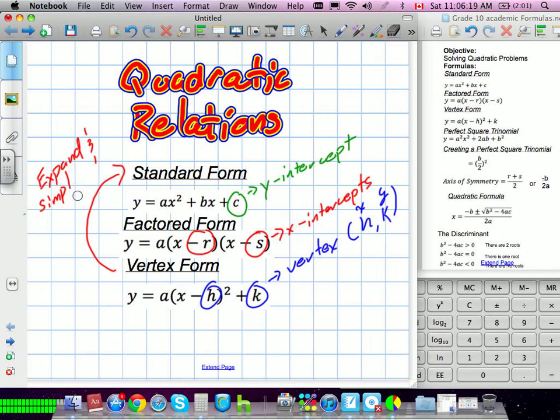Expand and simplify. And then we're going to learn also standard to factored form, and in order to do that, we factor something. Okay, which the name makes pretty much sense to.